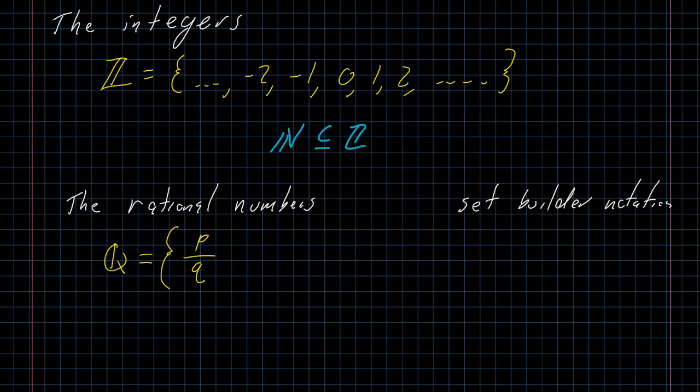So rational numbers are fractions. We write fractions as something divided by something else. I will use p and q. And then I'm going to put a vertical bar here.